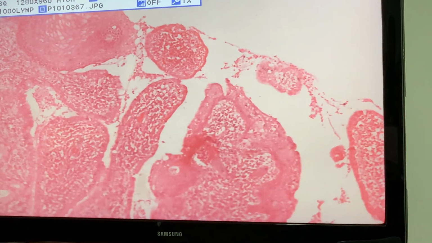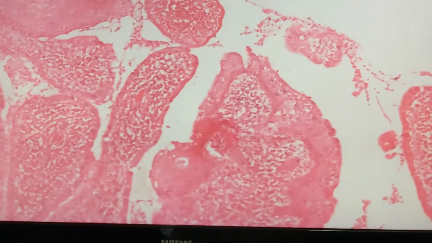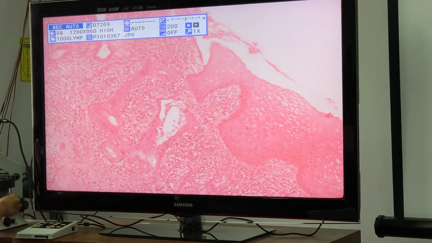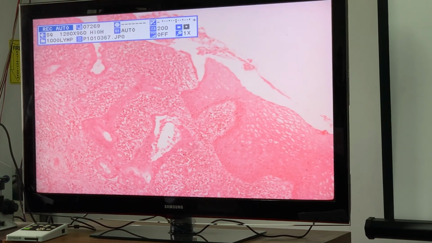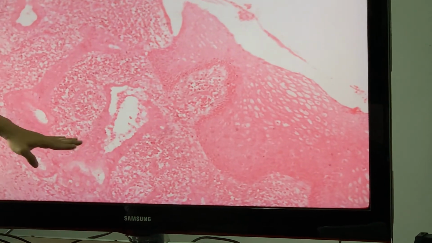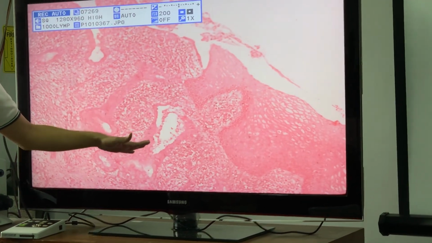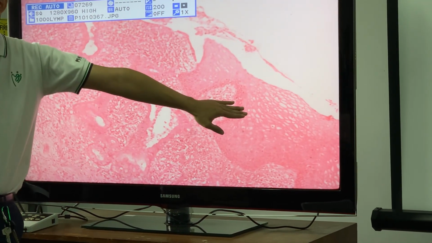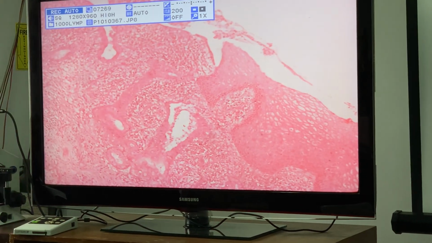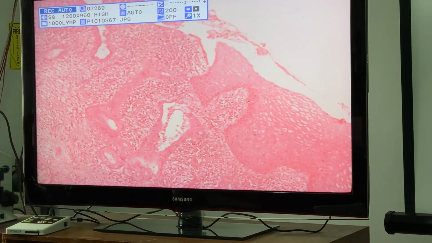So this is an example of another squamous metaplasia. Look here. This is not simple columnar. This is stratified squamous. But these are glands which are supposed to be seen only in the endocervix. So you're looking at the endocervix, but the epithelium does not match because it has been replaced. So this is squamous metaplasia of the endocervix.